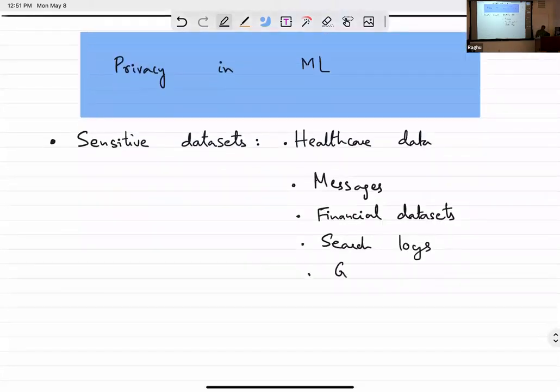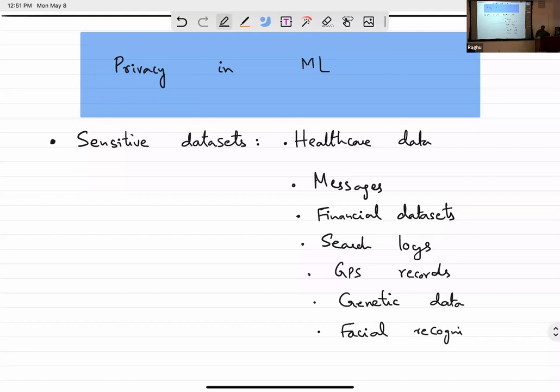All your GPS records, locations you've been traveling. For sure, GPS records. And definitely genetic data. Facial recognition. So by and large, almost everything that we can think of has to have some kind of privacy.